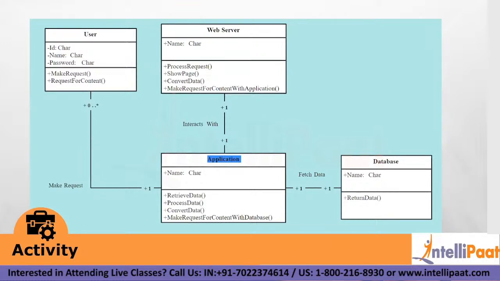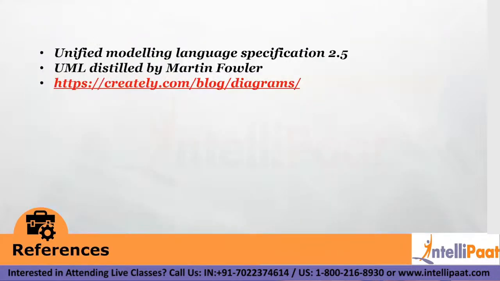I would still recommend, so let's talk about what I want you to do next. There was one more activity. I want you guys to go through the Unified Modeling Language Specifications 2.5. You just Google that, you'll find tons and tons of links. There are so many blogs, there are so many sites which talk about these specifications.